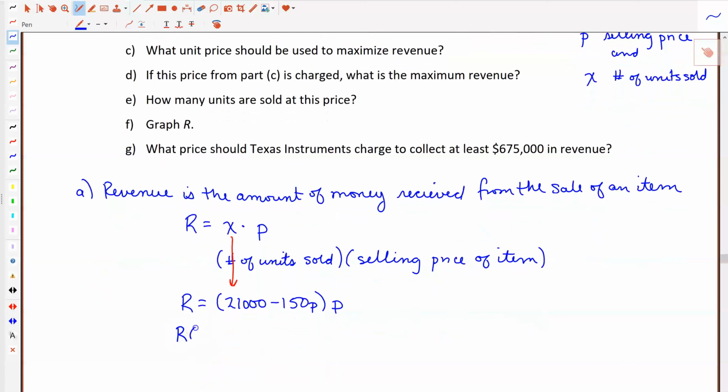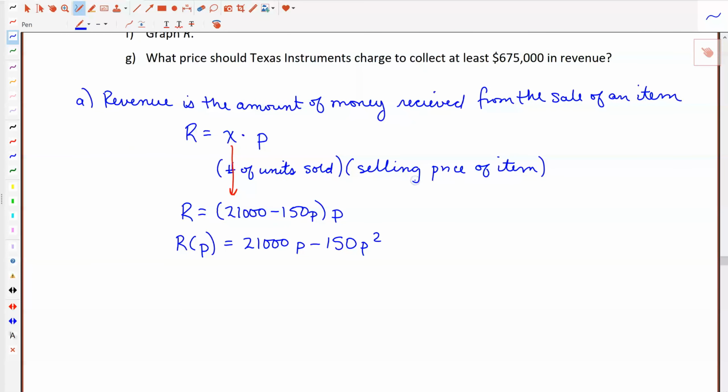I'll write this in function notation because now everything is in terms of the variable P. Distributing through, I get 21,000P minus 150P squared. If you wanted to flip those two terms so that the squared term was in front, you're welcome to. Otherwise I'm just going to leave it like that.